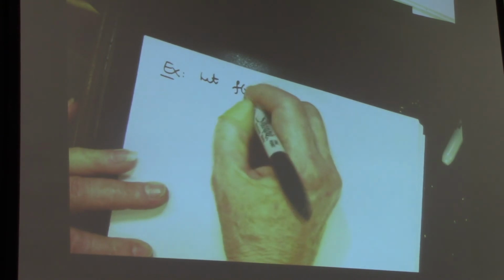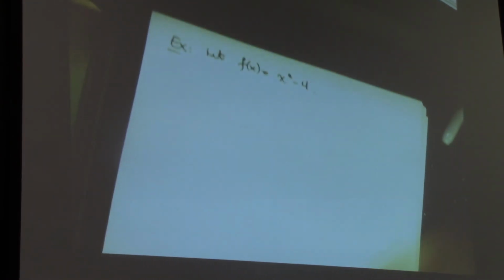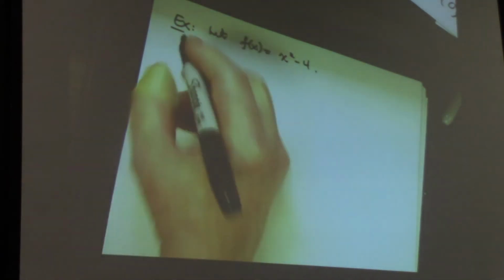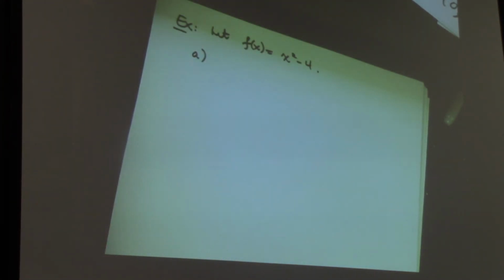So let's let f of x be the function x squared minus 4. f of x is x squared minus 4. And let's calculate some average rates of change on certain intervals.